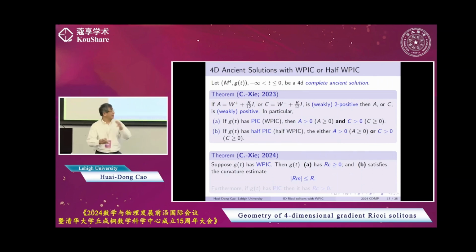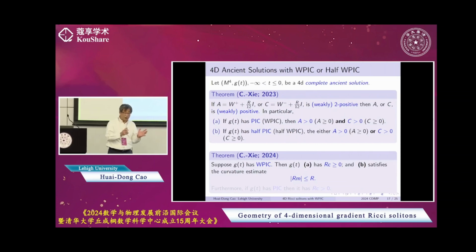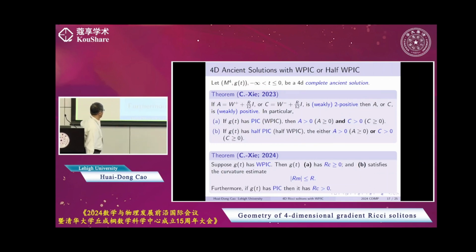Because of this, the entire curvature will be bounded by scalar curvature. So if scalar curvature goes to zero, then the curvature will have to go to zero, or if scalar curvature is bounded, then the remaining curvature will be bounded. We have curvature bound and curvature asymptotics. Furthermore, if the ancient solution has PIC, then the Ricci curvature will be strictly positive. So that at least tells us more about the volume and other things.